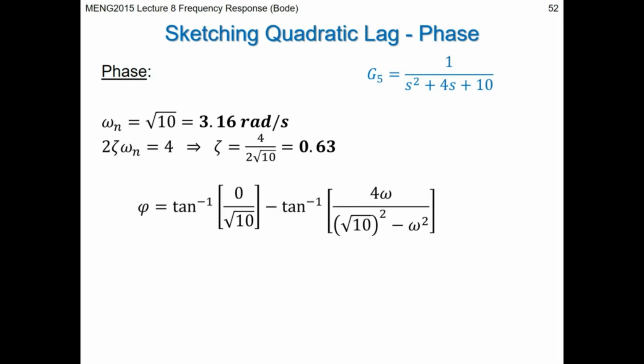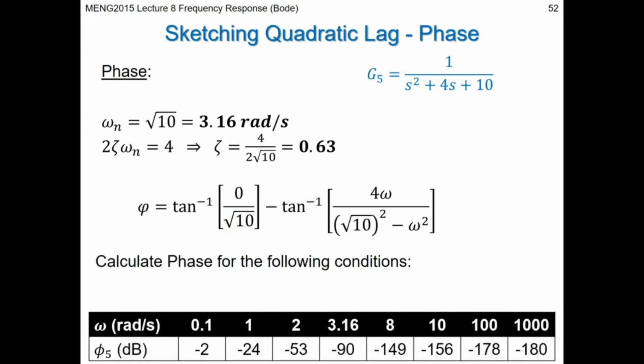So now we can plug them into our phase calculation. Of course, this is 0, but the second term is a function of omega on the numerator and the denominator, so we actually have to calculate it.